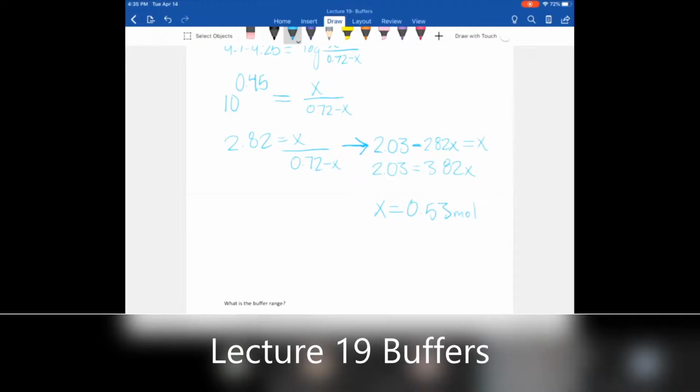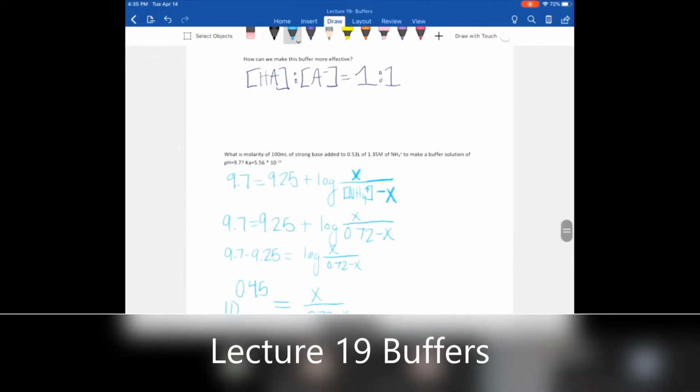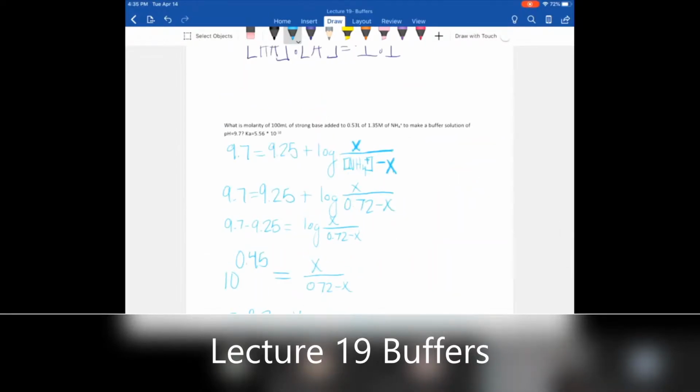But it did not ask you for your moles. What it asked you for was molarity. So you've got to solve for molarity. You know your moles, and you know that you had 10 ml added.